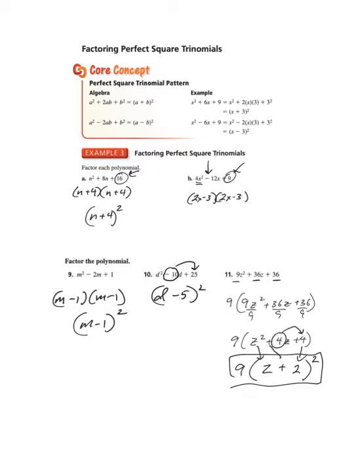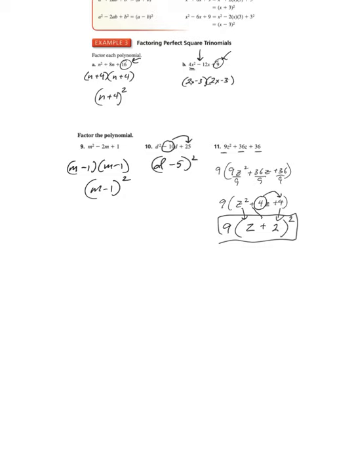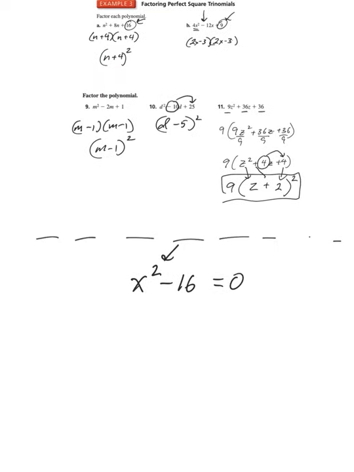Okay, so one other thing that we may see on the assignment is the following. Say I had a question like x squared minus 16 equals 0. This one is actually a solve, and because it's a quadratic, we need to solve it by factoring. So in situations like this, we need to factor it first.